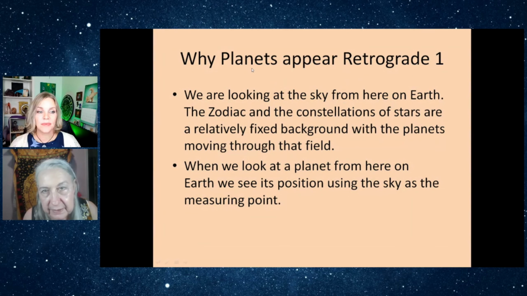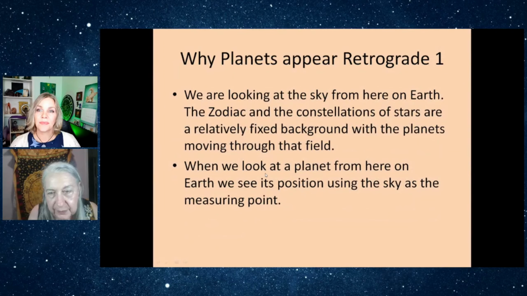But why do planets appear retrograde? Well, we're looking at the sky from here on Earth. The energy of the ecliptic, the zodiac, is flowing through the planets to the Earth. The zodiac and the constellations of stars are relatively fixed. They're like a background for the planets, which are moving through that field.